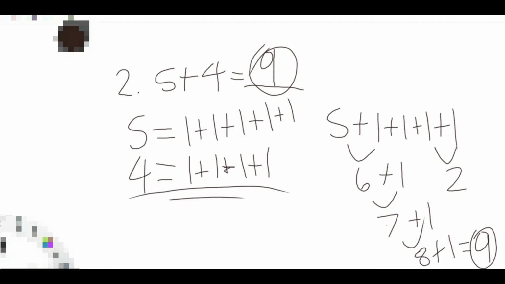Wait, actually I have an idea. You could add these and that will make it 6, and you could add this and make it 2, and you could add a 1 and that will also be 6. First you could do the easy way, 6 plus 1 is 7, and you could add 7 plus 2 and make it 9.